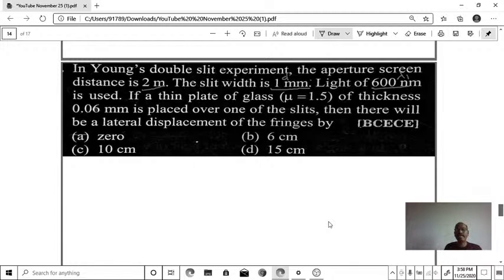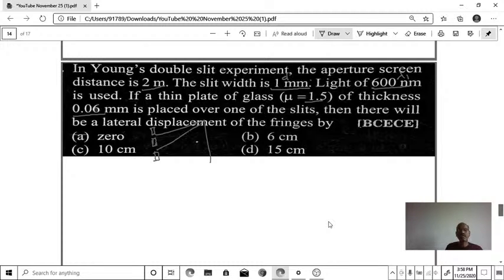If a thin plate of glass of thickness small t, given as 0.06 millimeter, is placed over one of the slits, then there will be a lateral displacement of the fringes. How much? As we all know, in the double slit experiment, S1, S2 is a screen.